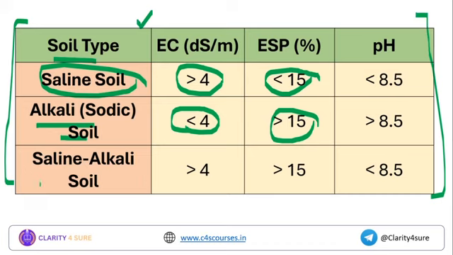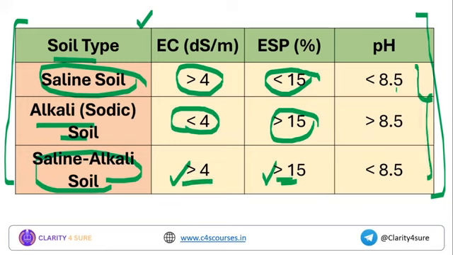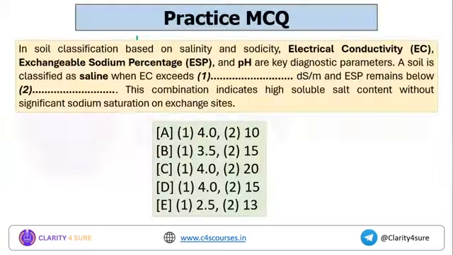And saline-alkali is the combination of both the problems. So there will be high soluble salts and there will be high exchangeable sodium. Okay, so both will be more. And the pH, you can remember that saline is less than 8.5, alkali is more than 8.5, and saline-alkali is less than 8.5.